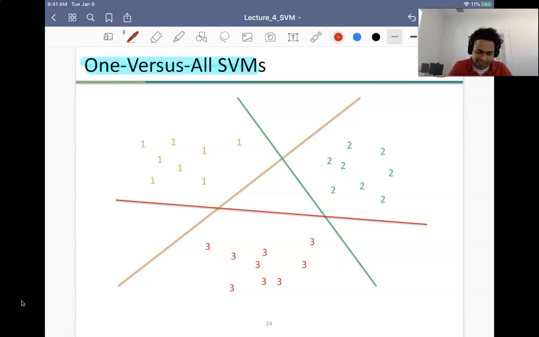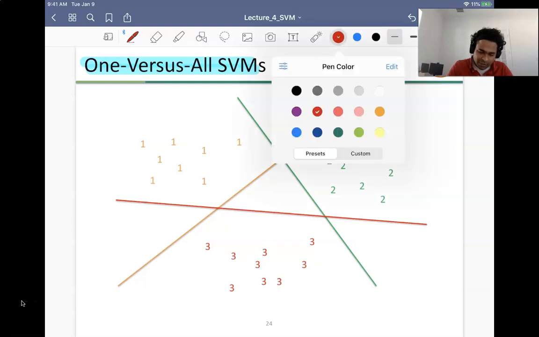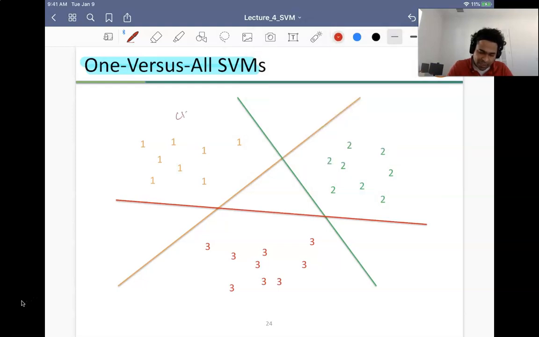What you do is take my positive classes, and suppose this is class one positive, and this is class one negative, and similarly this is class one negative. So this hyperplane would be the class one separating hyperplane. I do the same for class 2.